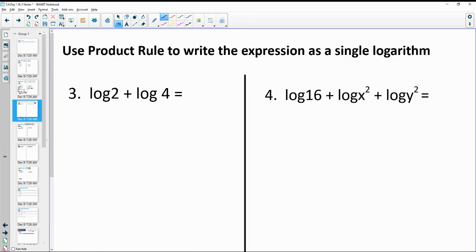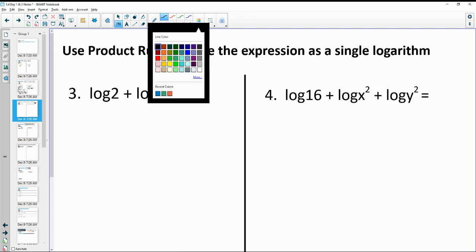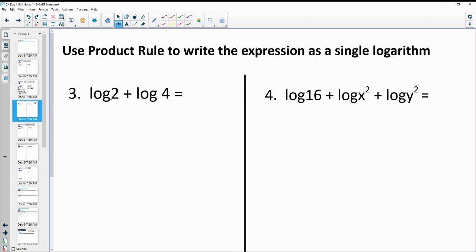All right, then let's use the product rule to condense. So that was expanding, when we had one logarithm and we made it bigger. Now we're going to condense these. So when you're condensing logarithms, you just want to make sure that they have the same base. So these are both common logs, so these are just log base 10s. So we can put these together by multiplying the numbers.